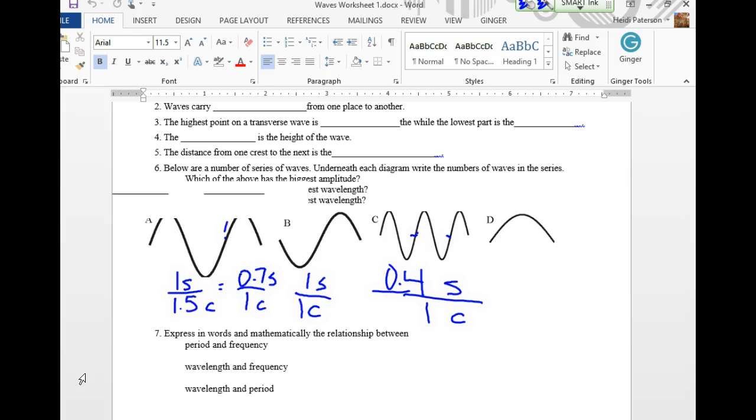Picture B. How many complete waves do we have? You need to know what a complete cycle is. So in 1 second, you have 0.5 waves happening.